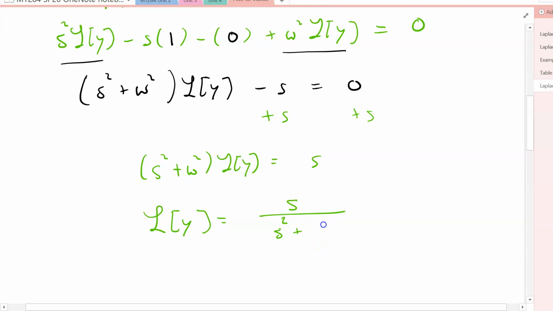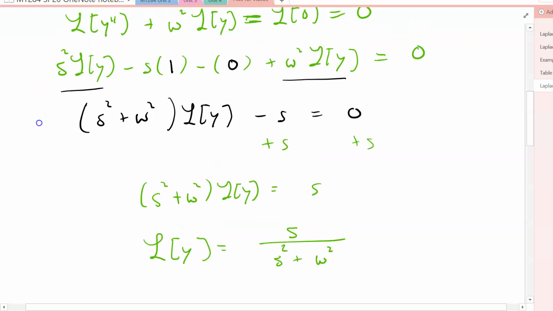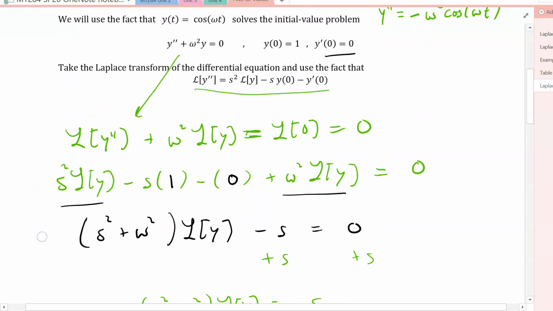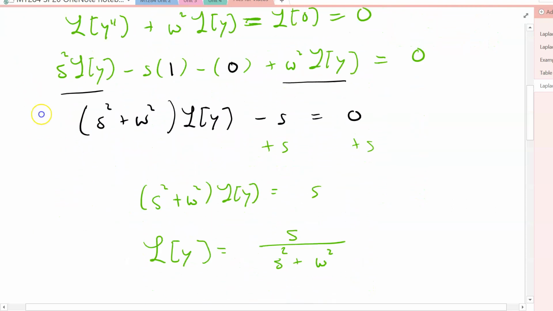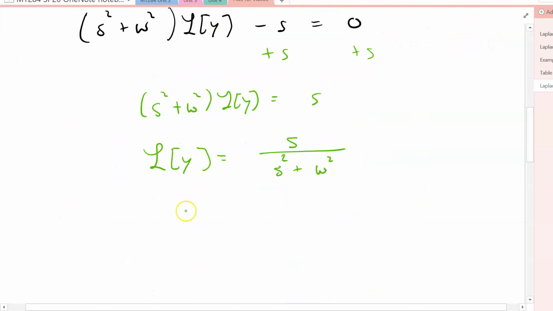Now all we need to do to finish this derivation is to realize what we started out with. What is y of t? What is the solution to this differential equation? Y of t is actually cosine of omega t. Since that solves the differential equation, we know that y is equal to cosine of omega t.